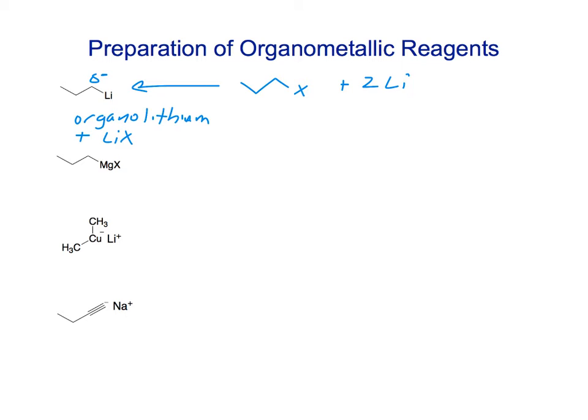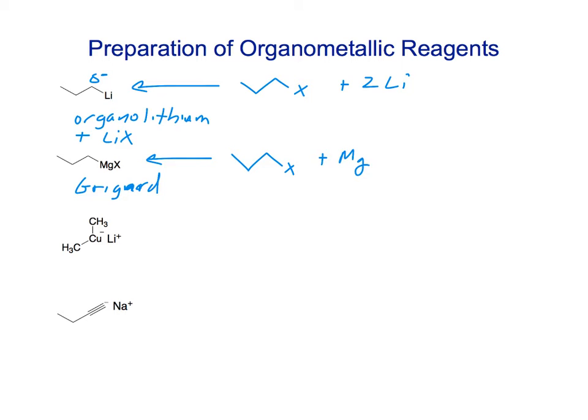The next one, these are organomagnesium compounds. They have another name. We usually refer to them after the name of the inventor, Grignard. And again, in this case, we just start with the halide and we add magnesium metal.